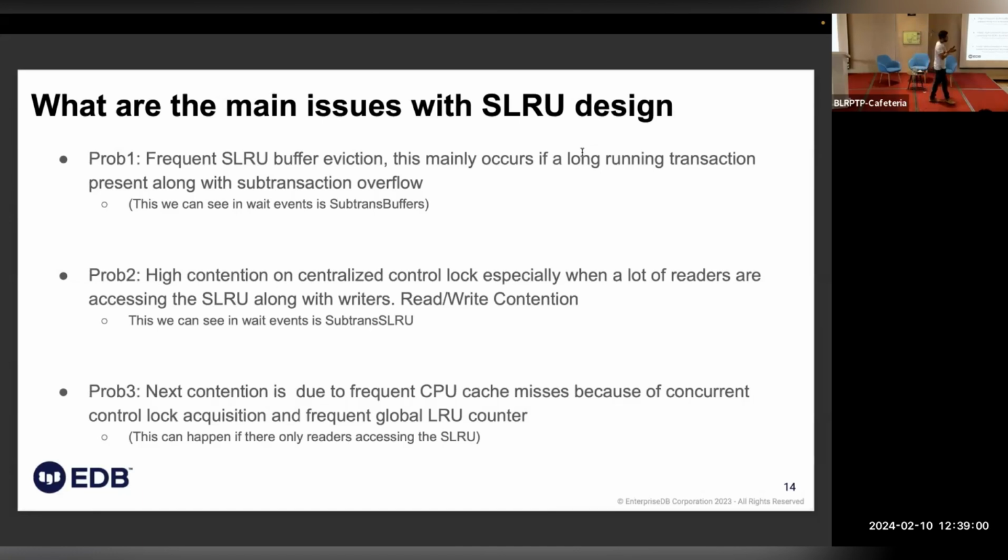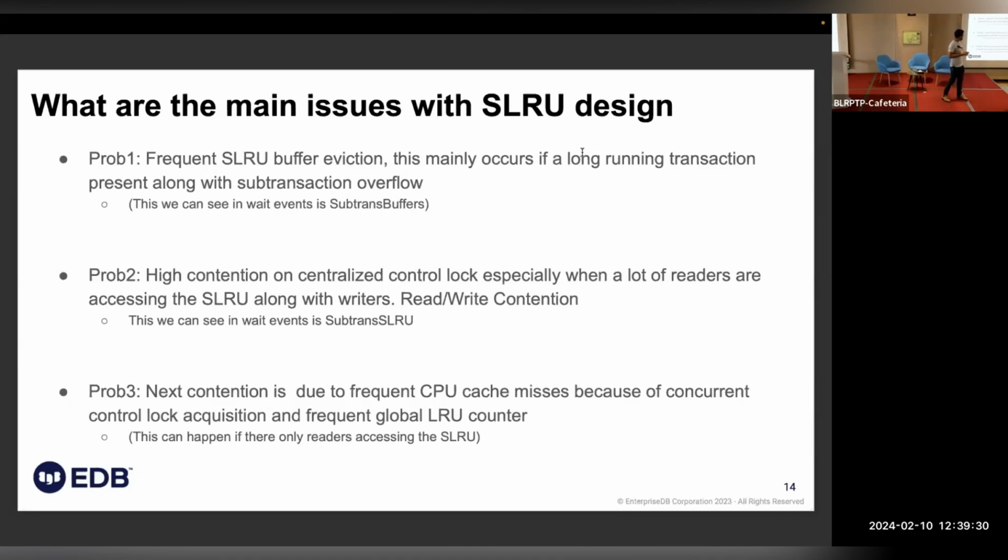It means the hot pages are going to be frequently evicted because the cache is limited in size. Suppose 32 pages are there, but you are accessing 100 pages. Whatever is in the cache will not remain in the cache. So that is the topmost problem, where eviction is too frequent because the range of XIDs you are accessing is big.